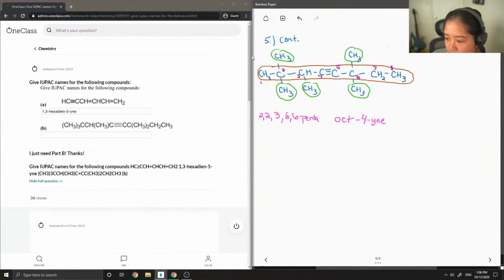Penta, methyl, prefix. Okay, so our answer for this question is 2,2,3,6,6-pentamethyloct-4-yne.